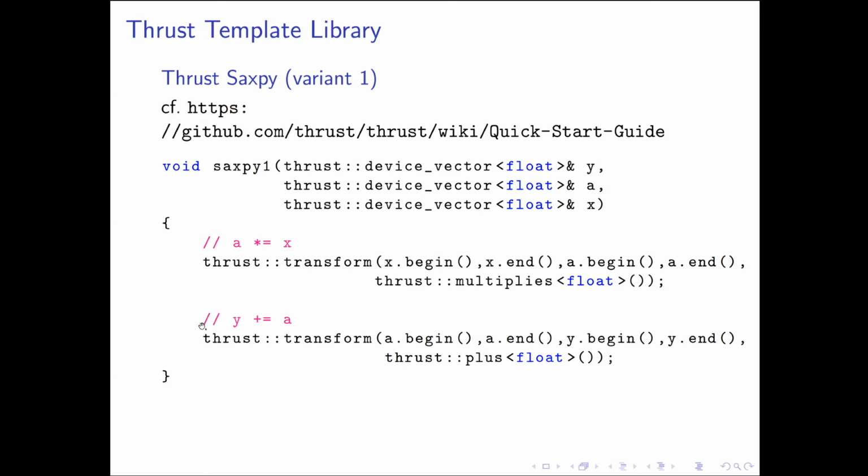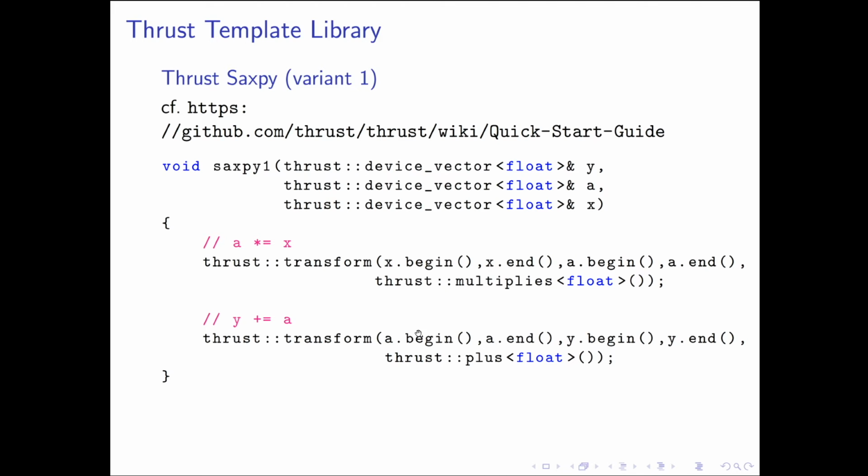And then we do the very same thing with what is already in A, so with this temporary result that's now stored in A, and Thrust transform will return execution back to the CPU when that kernel call finishes. And then we basically call the second kernel, by calling Thrust transform again.